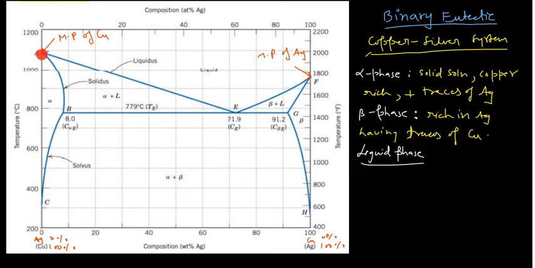But if you decrease the temperature and try to dissolve silver into it, this goes down, and in this region traces of silver get mixed in. At this point B, you have the maximum percentage of silver which this alpha phase can have. And that maximum percentage is nearly 8%. See, 8.0 is written here, so I can write 8%.